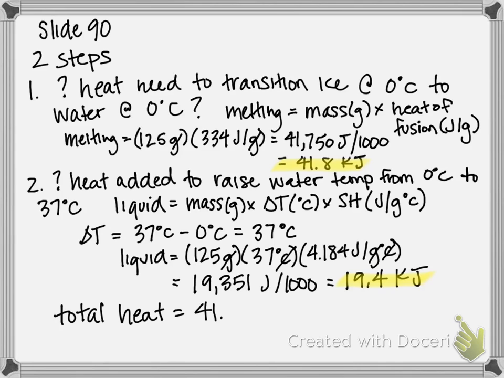So 41.8 kilojoules plus 19.4 kilojoules gives me total heat of 61.2 kilojoules that it takes to raise the temperature of ice from 0 to change it to a liquid at 37 degrees C. So that's our final answer.